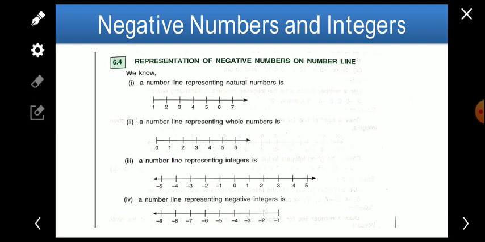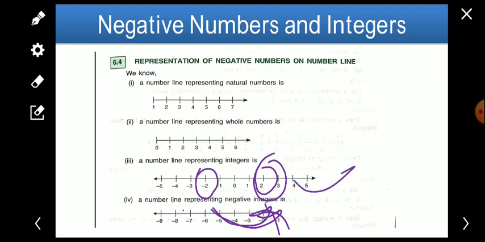But two numbers should be there to compare. Suppose I ask which number is bigger, 0 or 3. Obviously 3 will be bigger, 0 will be smaller. Why? Because 0 lies on the left side, and on the left side a smaller number lies. Suppose I ask which is bigger, -2 or 2. Obviously 2 will be bigger, because it is lying on the right side.